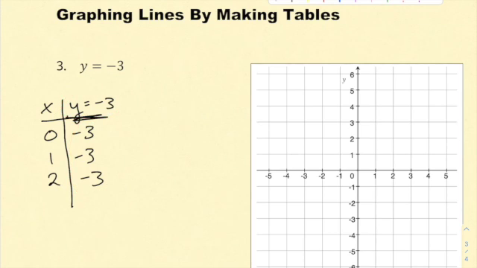And so when you plot those points, 0, -3, 1, -3, 2, -3, or anything with -3, when the y value is not changing, you see what we get? We get a horizontal line. And this is something you'll start to just recognize, that whenever you have just y in the equation, that will always end up being a horizontal line.